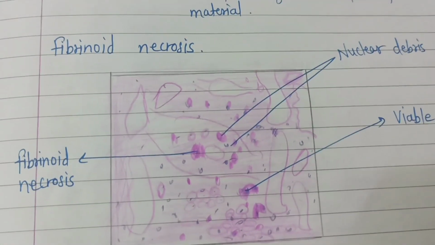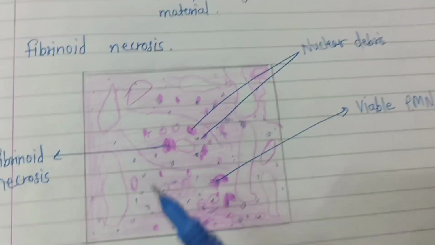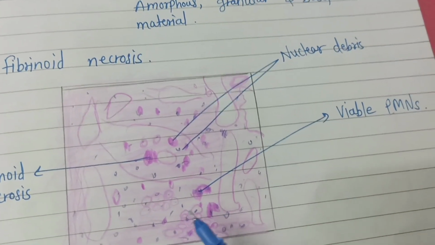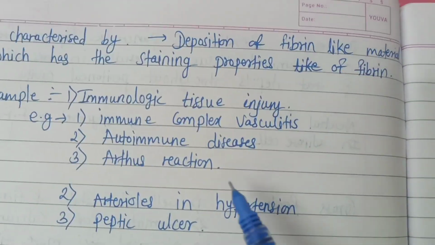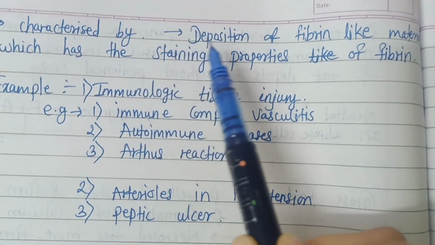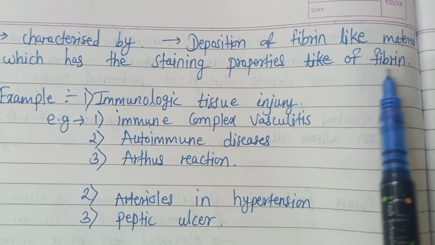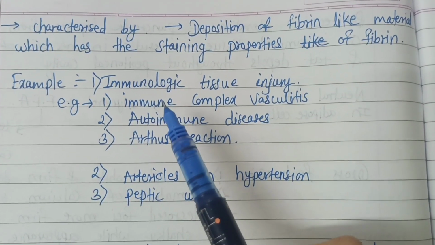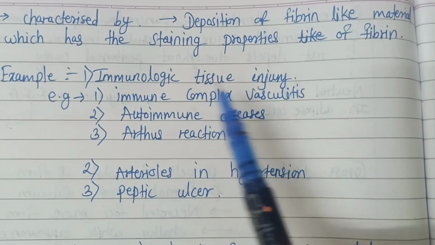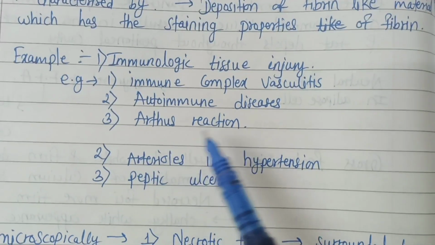Then fifth type is fibrinoid necrosis. Here we have to draw the fibrinoid necrosis, debris and viable polymorphonuclear neutrophils. Now let's see the characteristic features. It is characterized by deposition of fibrin-like material which has the staining properties of fibrin. Examples, immunologic tissue injury. Examples of this immunologic tissue injury are immune complex vasculitis, autoimmune diseases, Arthus reaction.